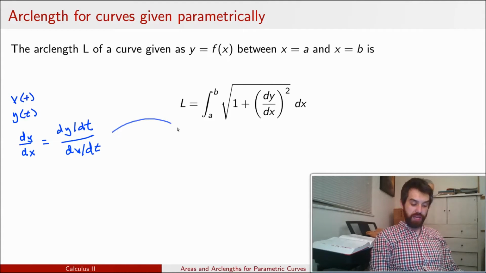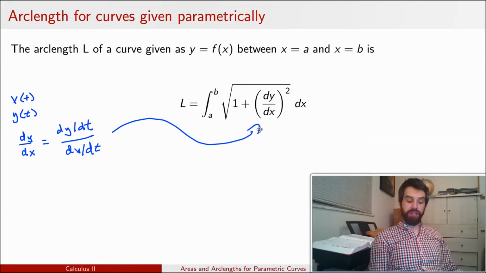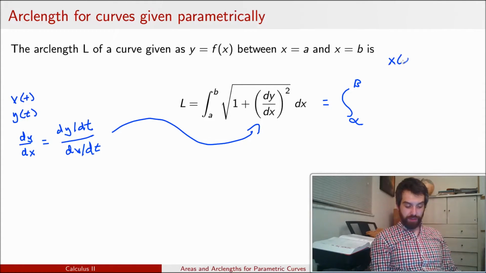So let me put this in for my dy/dx. And while I'm making the change from x's to t's, I'm also going to note that my integral needs to change from an alpha to a beta, just as it did before, where x of alpha is equal to a and x of beta is equal to b.